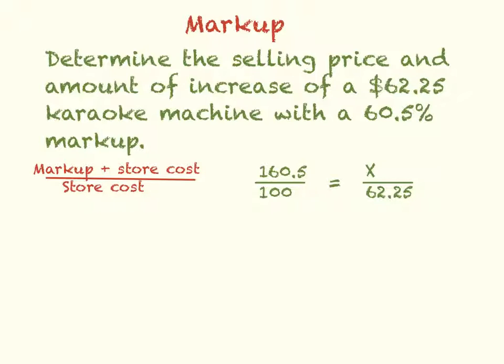Plus the markup, our markup was 60.5%. So we have a total of 160.5%. 100% for the store cost, 60.5% for the markup, all over the store cost, which they paid 100%, is equal to the markup plus the store cost. We don't know yet, so that's our x value.